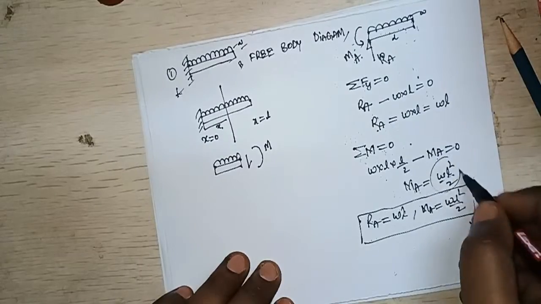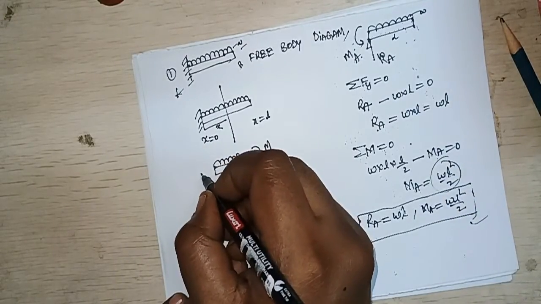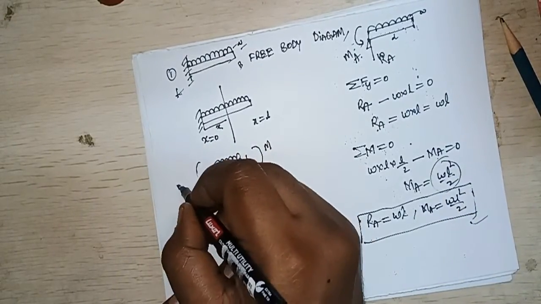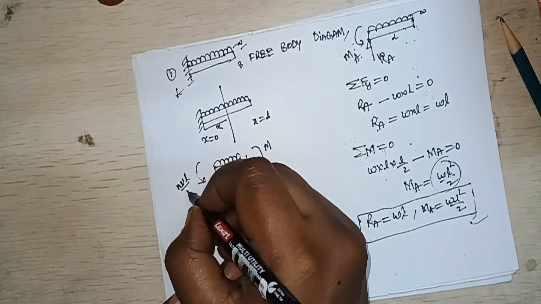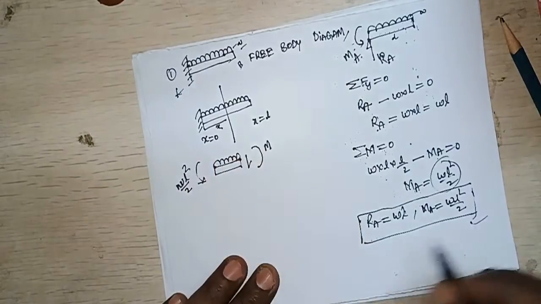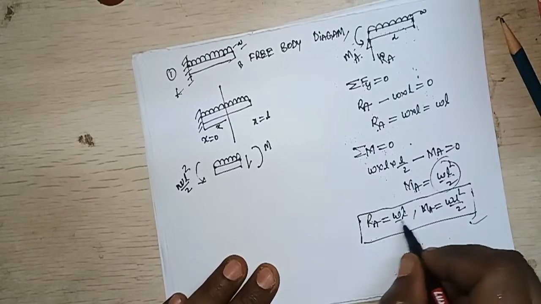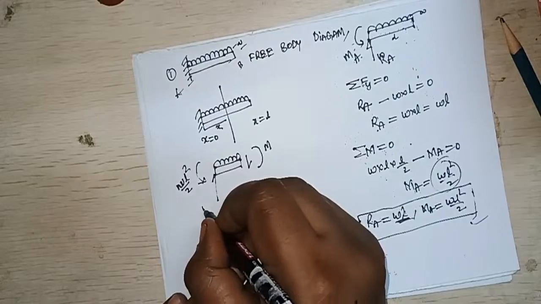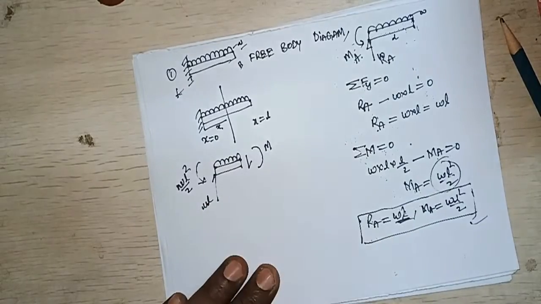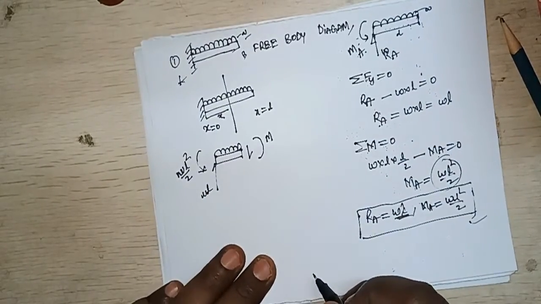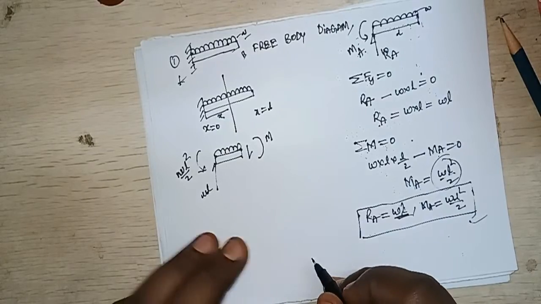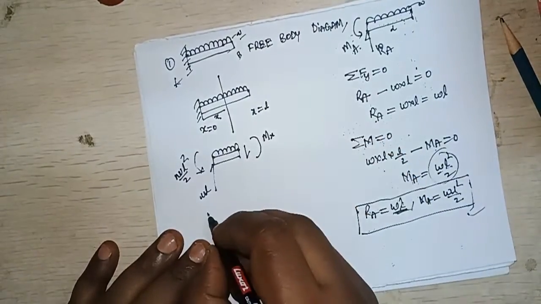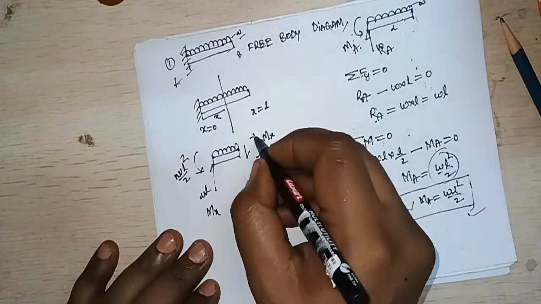What is the reaction? The reaction is W L and W L square by 2. What is the reaction over here? That is W into L. Now how will you write the moment equation? Mx.